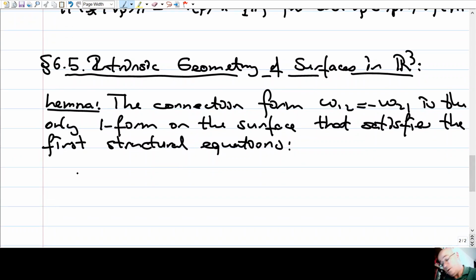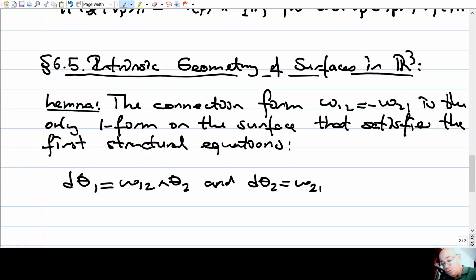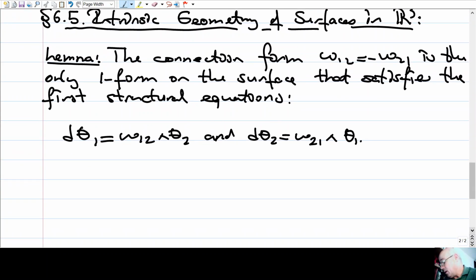What are they? They are d theta 1 is omega 1 2 wedge theta 2, and d theta 2 is omega 2 1 wedge theta 1, so minus omega 1 2 wedge theta 1. Okay, let's see the proof.